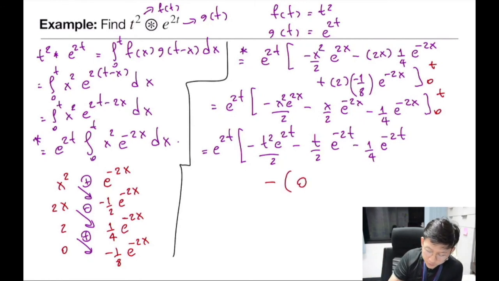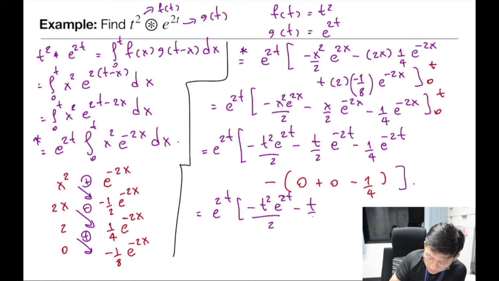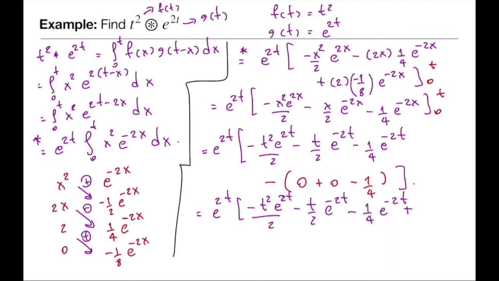So you get 0 plus 0 minus 1/4. So what you have here is e to the 2t minus t squared e to the 2t divided by 2 minus t e to the minus 2t minus 1/4 e to the minus 2t plus 1/4, and that's it.